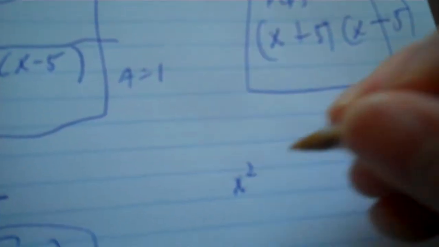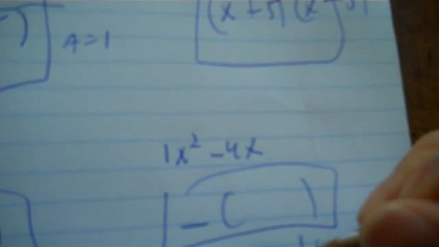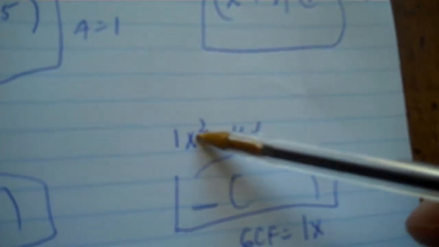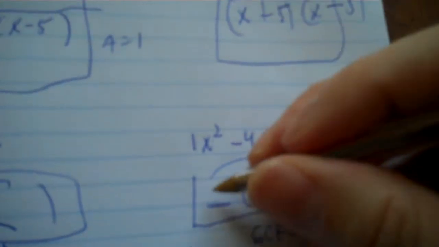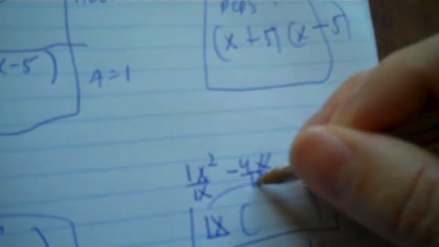Now let's go here. x to the power of 2 minus 4x. That'd be GCF DOPS, and we actually do have a GCF here that we need to do. The greatest common factor is 1, but we also need to include x with our 1 because we have an x squared and x, so I factor out a 1x. And I divide by 1x.